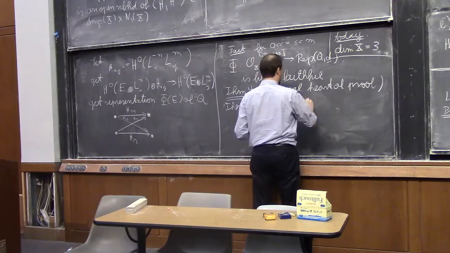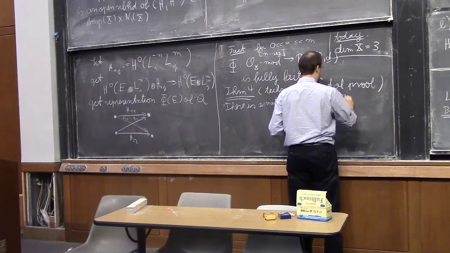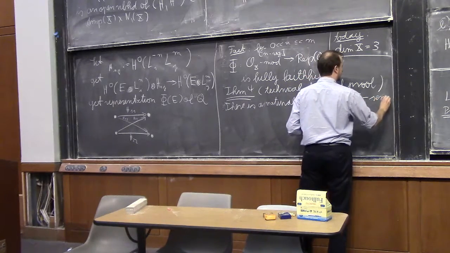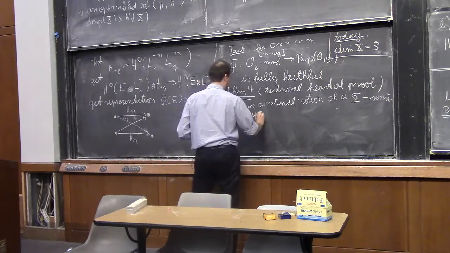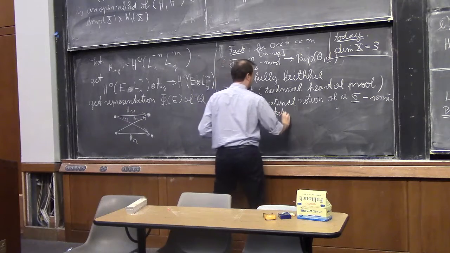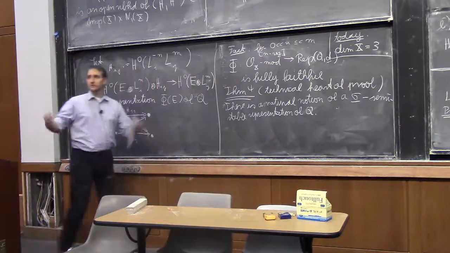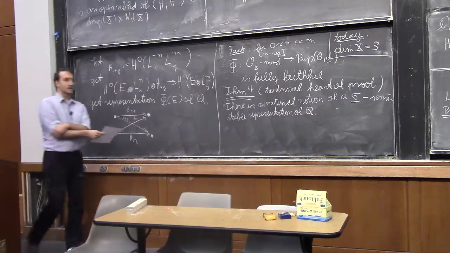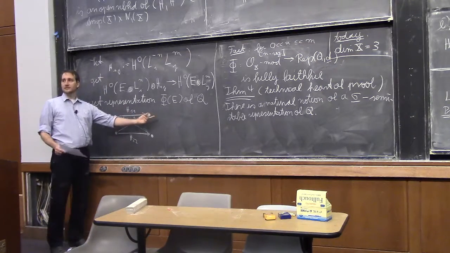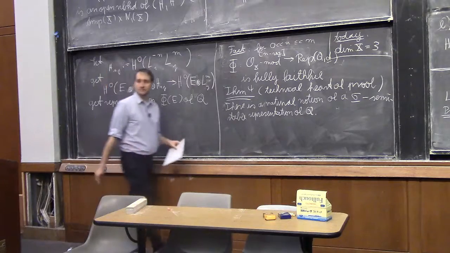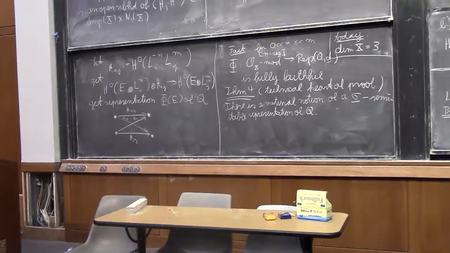There's a natural notion of a σ-semistable representation of Q. There's a theory of semistable representations of a quiver, and the group you're looking at is a product of GLs, the characters you can choose are just central characters, so they are numbers.